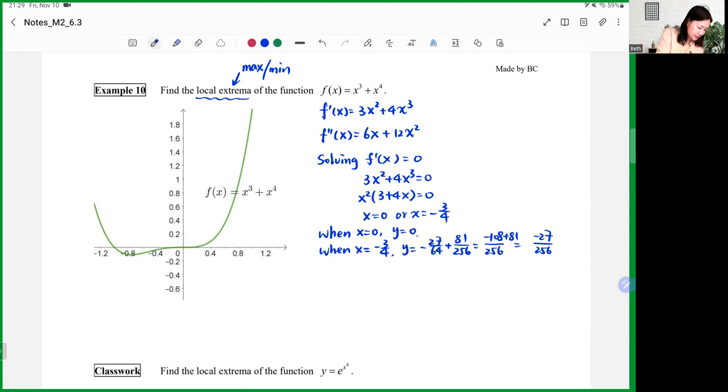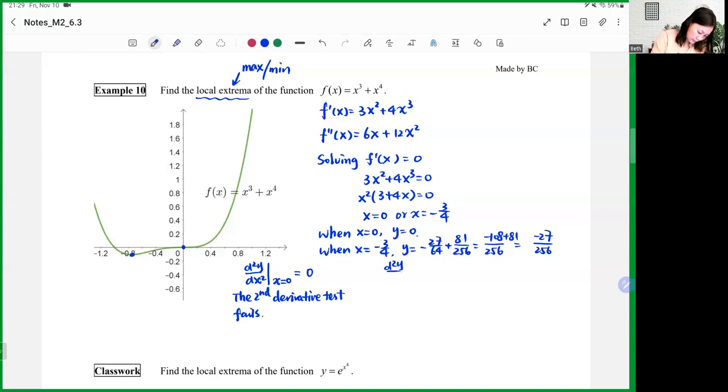It's here and here. Now I will naturally try to use the second derivative test to figure it out. So when x equals 0, the second derivative equals 0, which means I have no conclusion. In this case, I have no conclusion. The second derivative test fails.